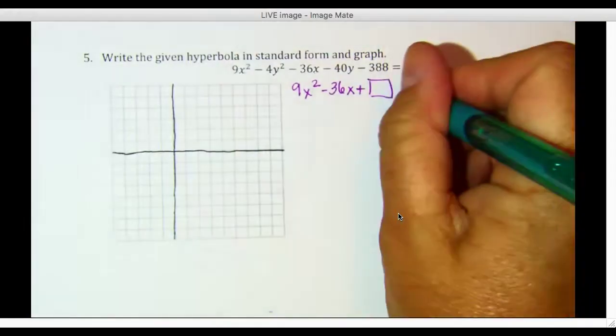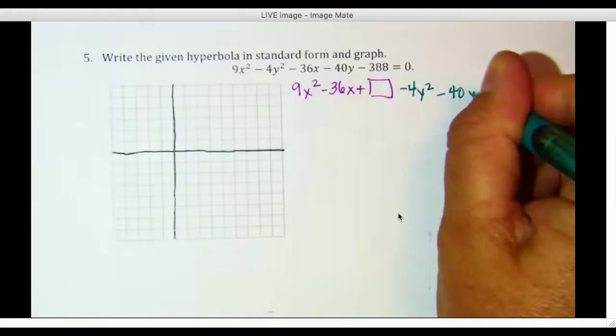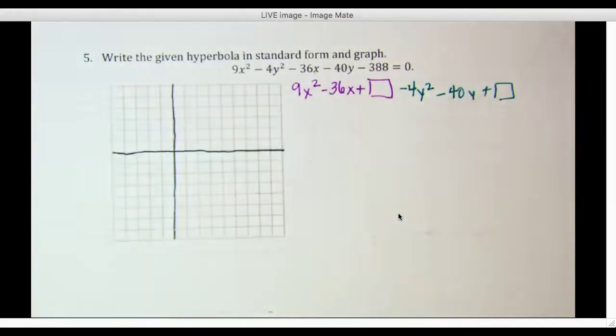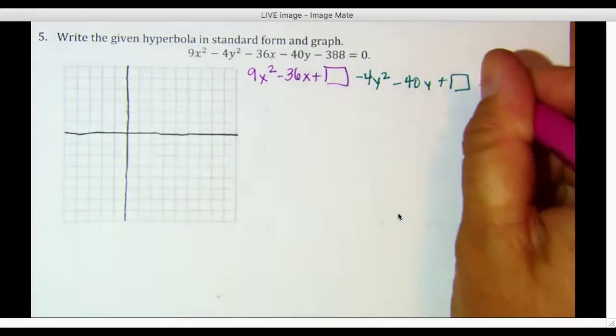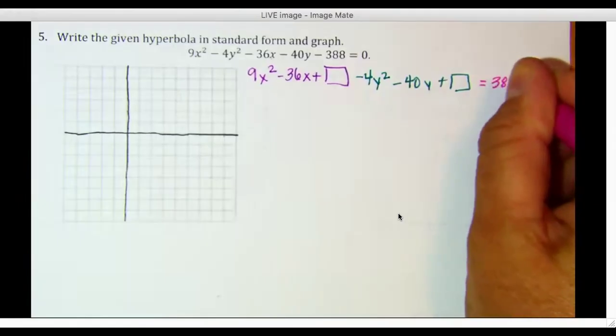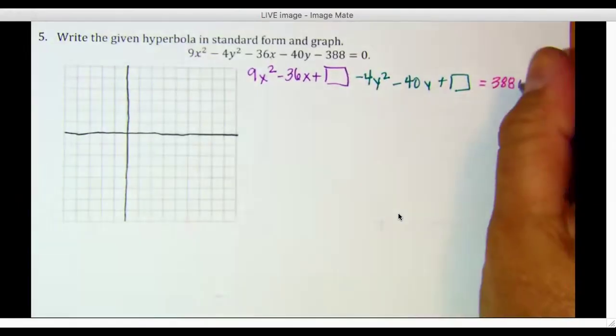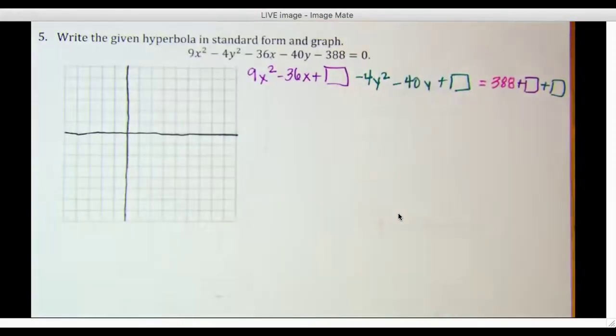And then minus 4y squared minus 40y plus something. And then this is going to be equal to, if I add 388 over, positive 388. And whatever we add to one side, I have to add to the other as well.